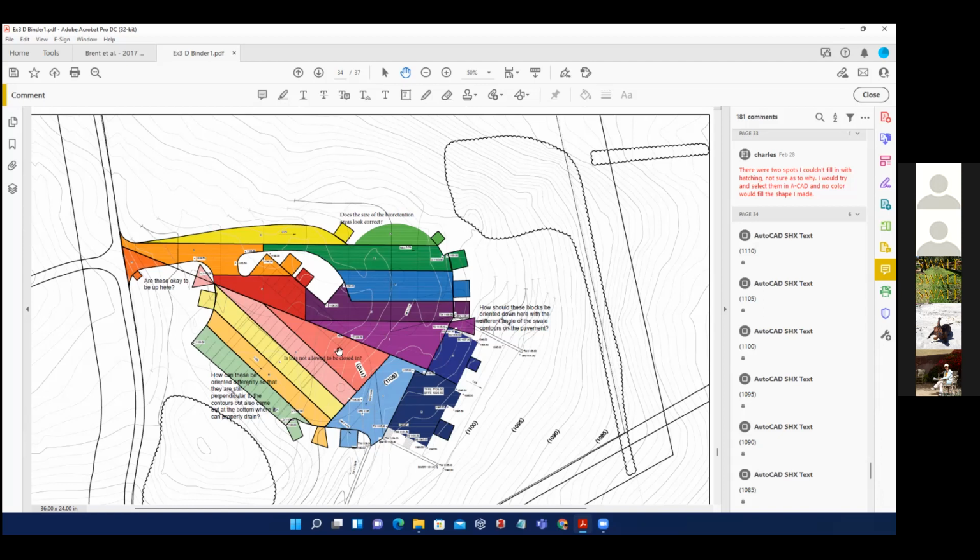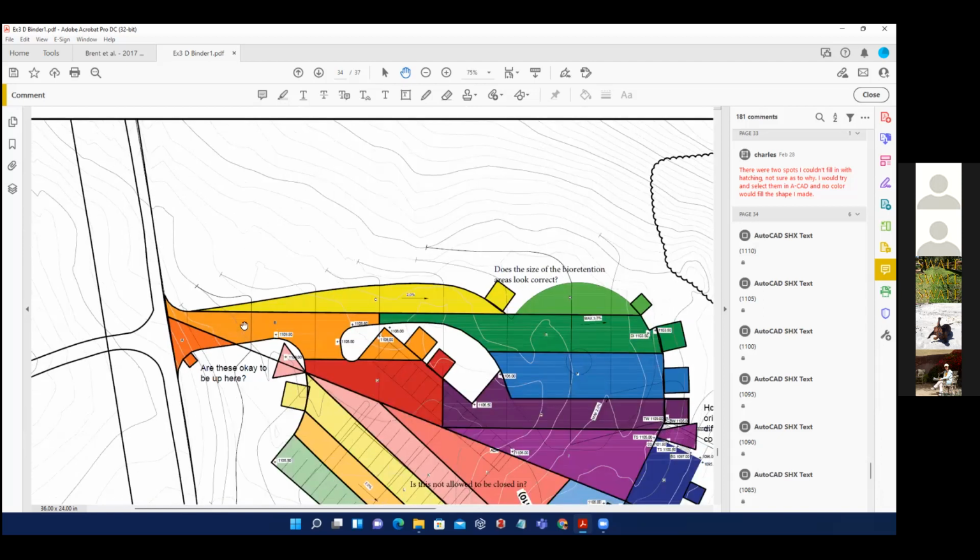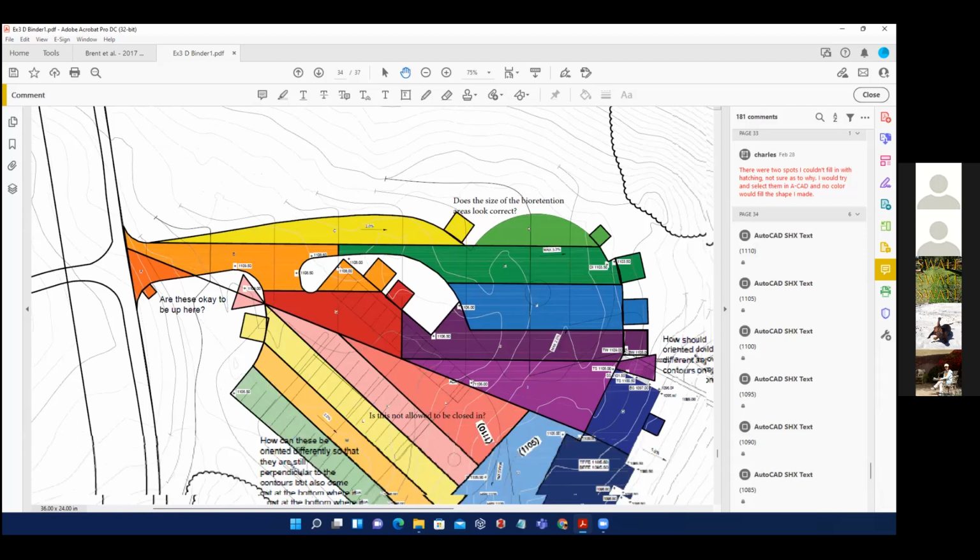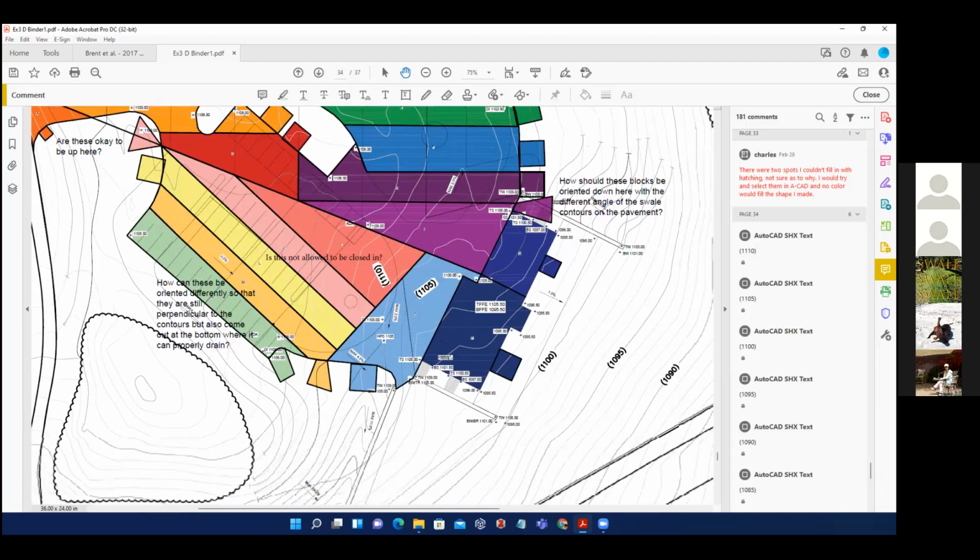That's one thing we talked about a couple of assignments ago. The second thing I noticed here is that these lines should not overlap with your contour. So water will keep flowing down, and then it runs into a curb, right?